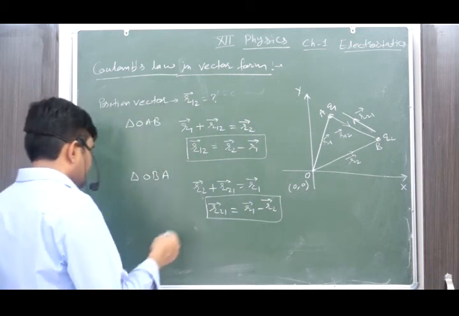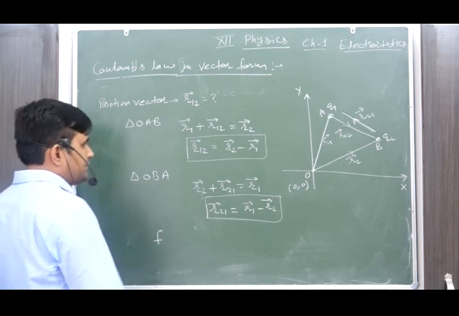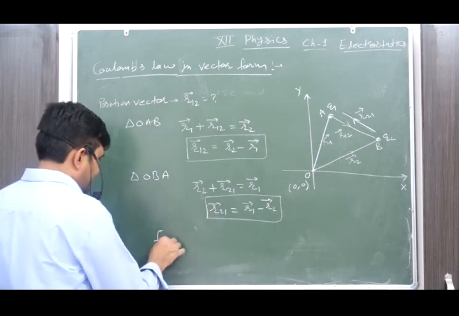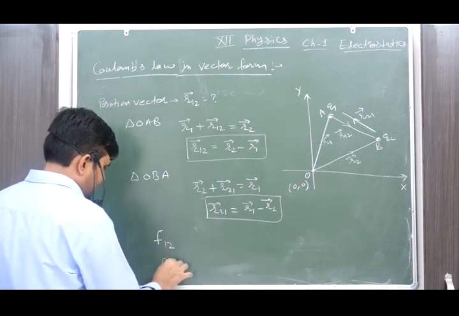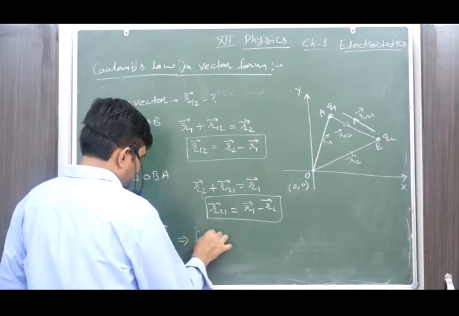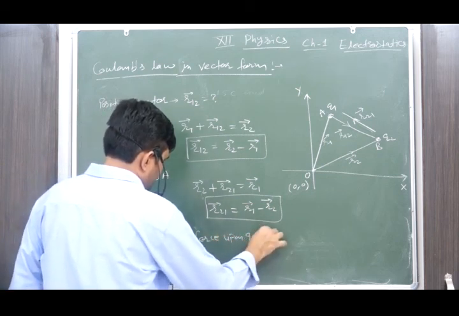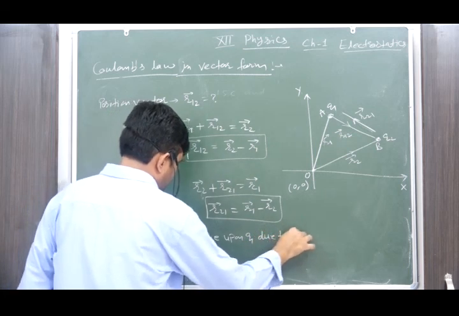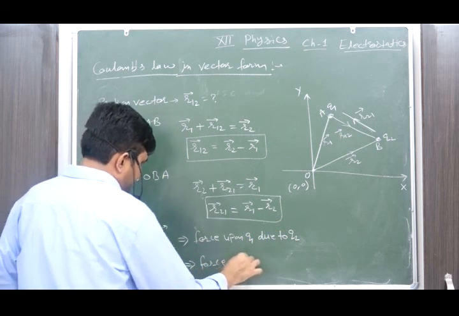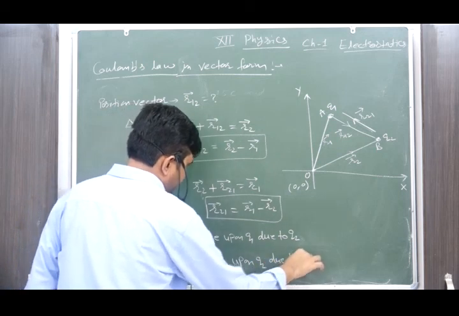Now we are going to write down the Coulomb's law force. Here as per the notations of R12 and R21, the forces are also defined in terms of F12 and F21. It is the force upon Q1 due to Q2, and it is the force upon Q2 due to Q1.